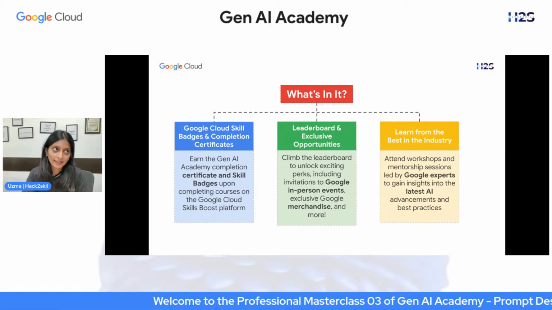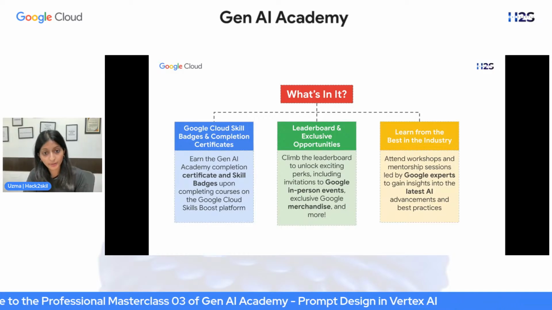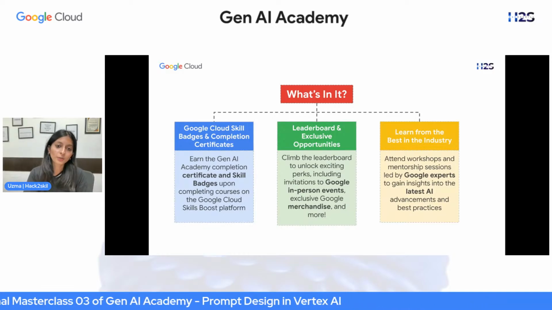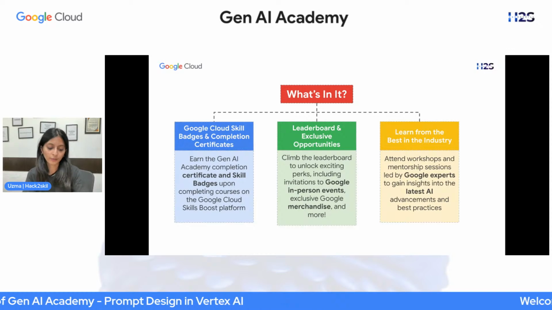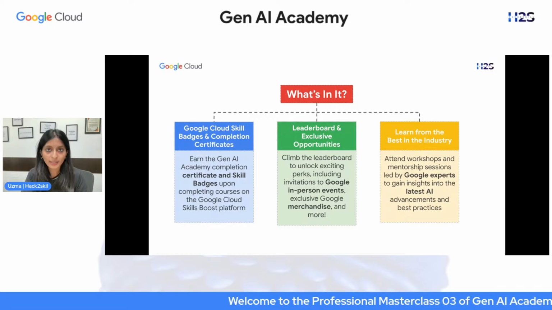So that is one thing. And as you continue your learning journey, you will also be part of a leaderboard. Now, what is this leaderboard all about? I'll come to that in just a second. But this leaderboard is your key to a lot of exclusive perks.